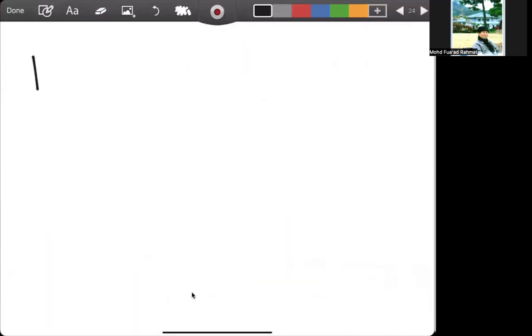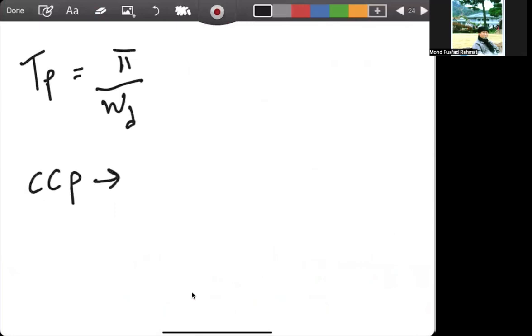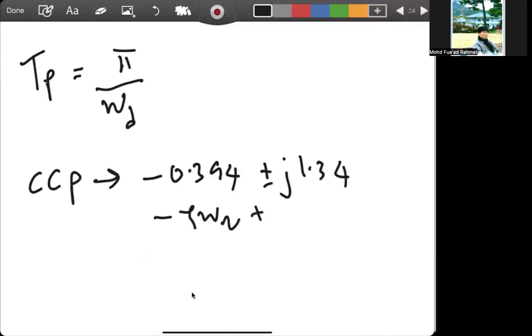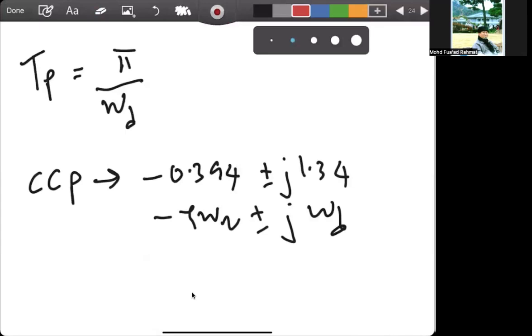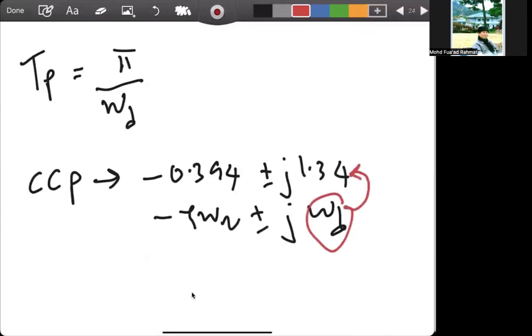The next one is Tp. So Tp is also the same, where the formula is pi divided by omega d. So if you look at the complex conjugate poles, which is minus 0.394 plus minus j 1.34, this one actually is minus zeta omega n plus minus j omega d. So automatically the omega d value is here, on the imaginary part.